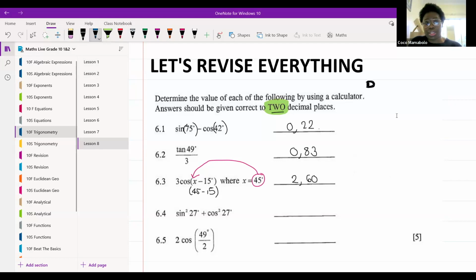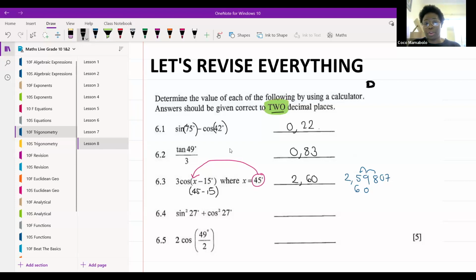And I'm saying 2.60, knowing that your calculator has actually given you 2.598076211, something along those lines. I know that this 8 will change the 9 into a 0 because the 9 will change that 5 into a 6. And that's why ma'am's answer is 2.60. So we've got to get used to the idea of rounding off to 2 decimal places correctly.